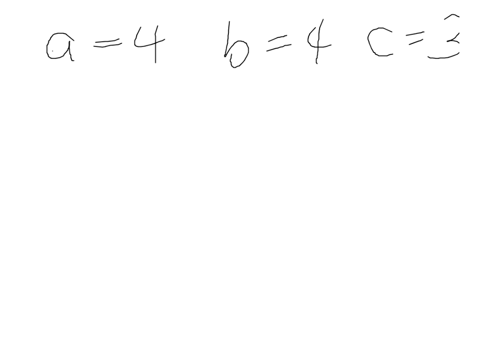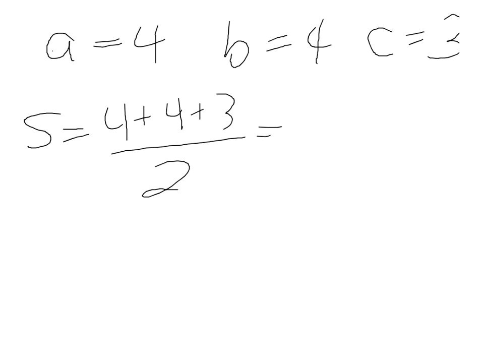Okay, the next one, A is 4, B is 4, and C is 3. So you may recognize this as an isosceles triangle. First we calculate S, 4 plus 4 plus 3 over 2. So 8 plus 3 is 11 over 2, and that is 5.5.